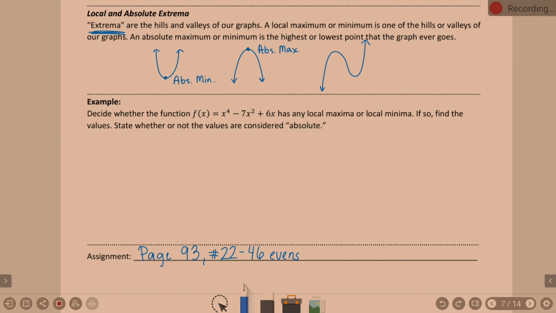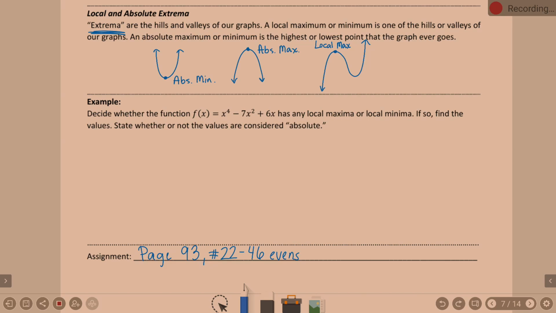Now, I just drew a cubic up here. Do you see mins and maxes? Well, right here, where I just put that dot, that's a max. But is that the highest spot the graph will ever go? No, because it goes infinitely up. So this is what we call a local max, because it's a max in that little area.